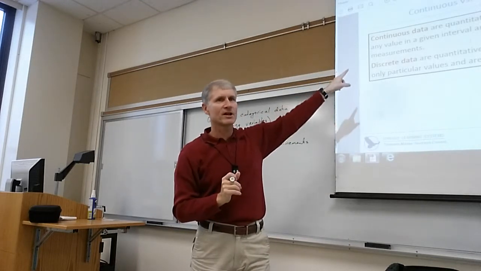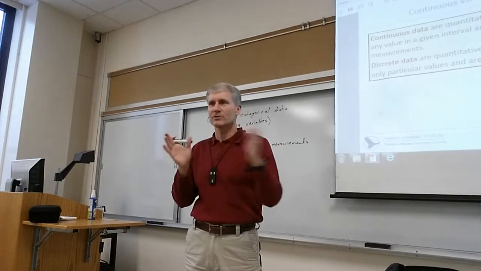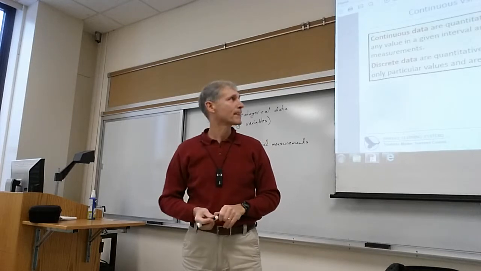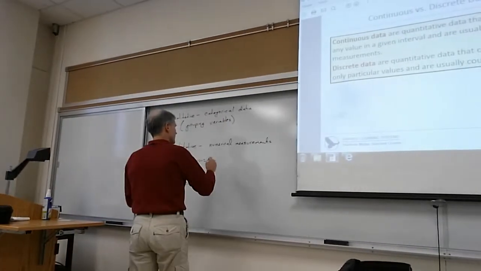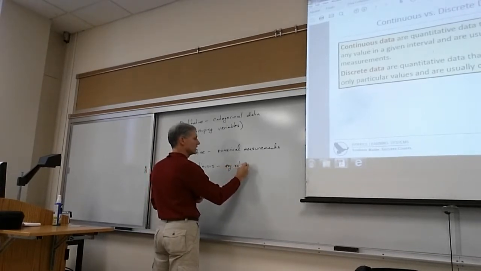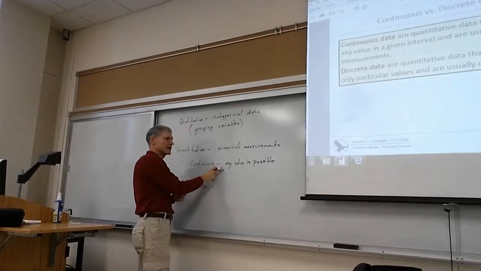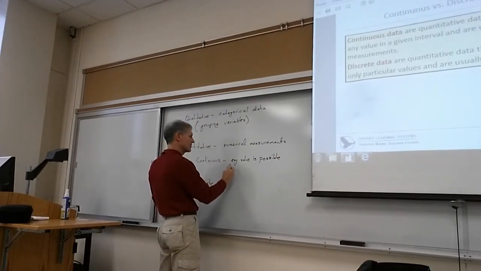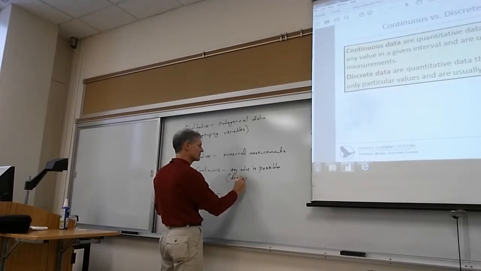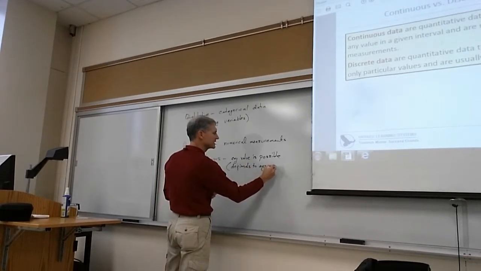So what they're referring to there is, are decimal places possible, and any value on those decimal places, is that possible? Right? So any value is possible within an interval. Any value is possible. Decimals to any number of places.